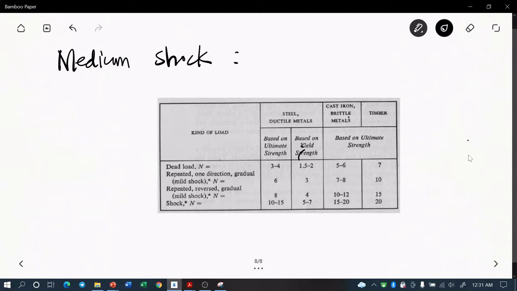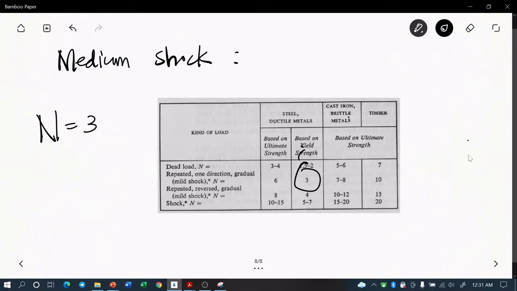So our closest estimate for the design factor is 3. Let's further assume that it is a medium, one directional application of the loading, and also gradual. So our design factor is 3.